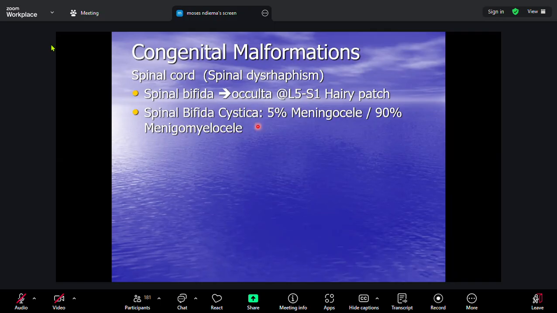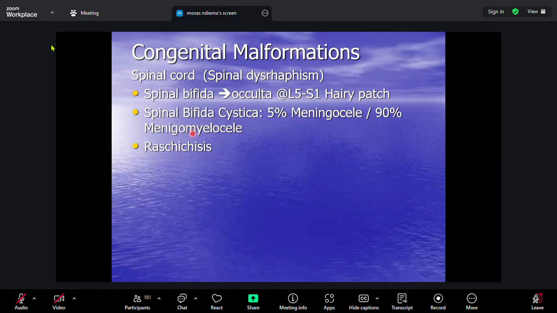In spina bifida cystica, part of it will be where we have the meninges herniating into the part of the arch which has not developed, or we have the meninges and also part of the nerve tissue herniating into that part. So that's what they're calling meningocele or meningomyelocele.